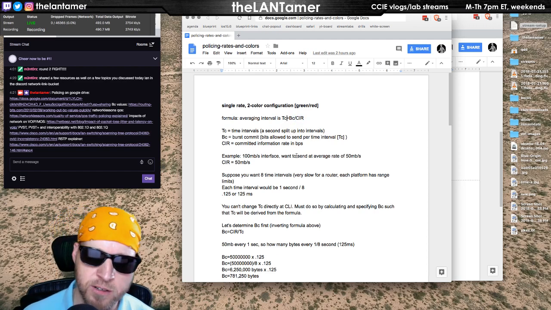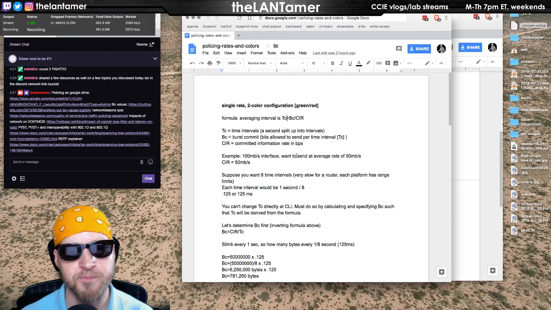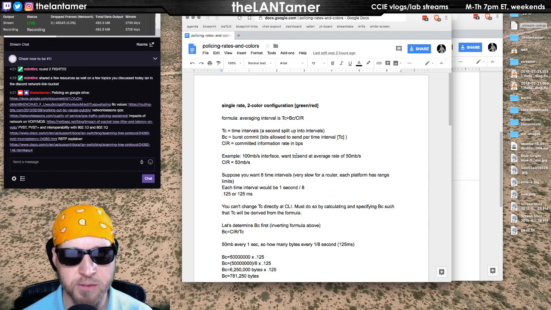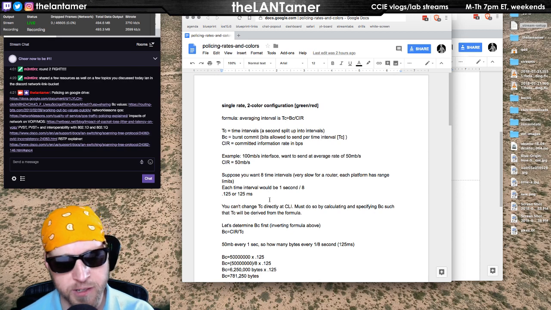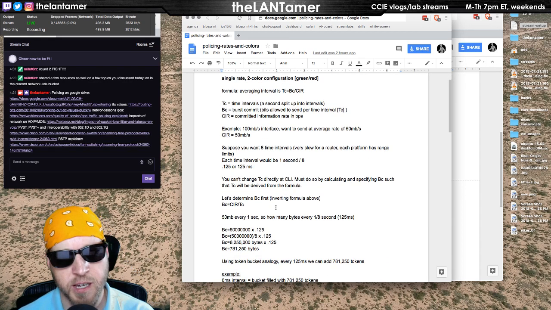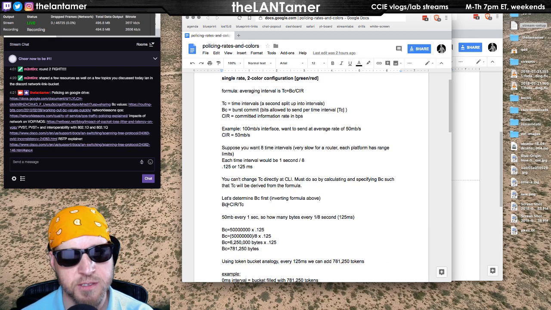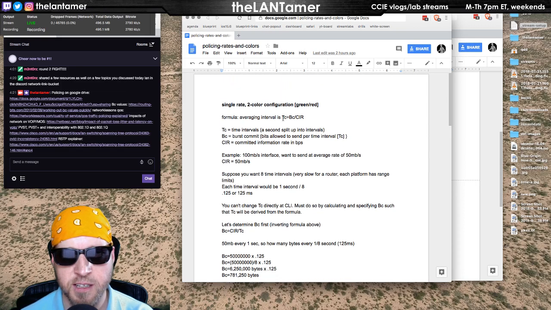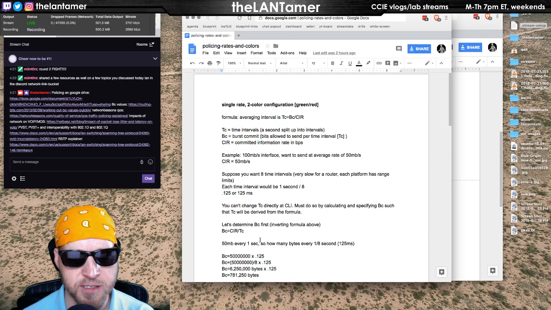And then the router or switch is going to be able to derive from that formula what the interval is. Well, we start with our interval, and we flip this formula around. So we say TC equals BC divided by CIR. Really, if I divide TC by CIR, I have this wrong, don't I?